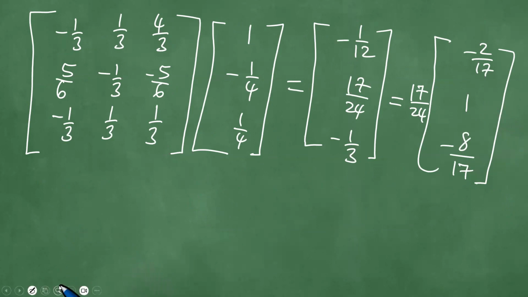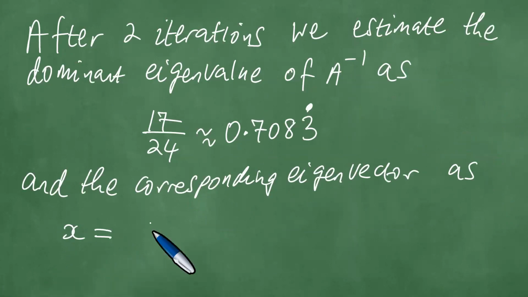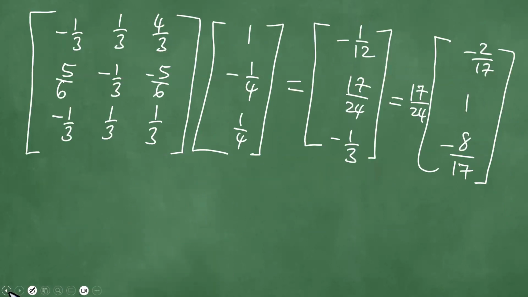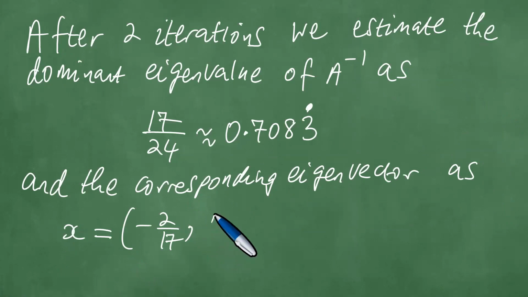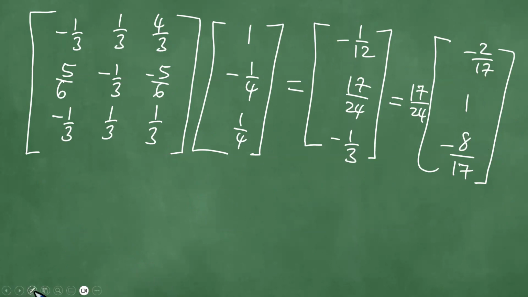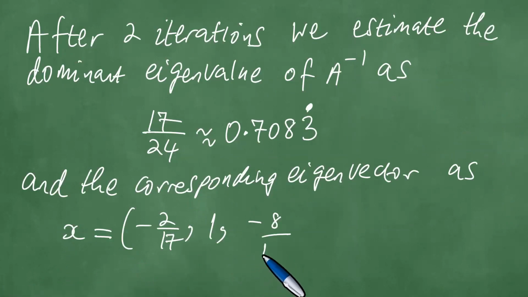So you can write it as (minus 2 over 17, 1, minus 8 over 17). Like this.